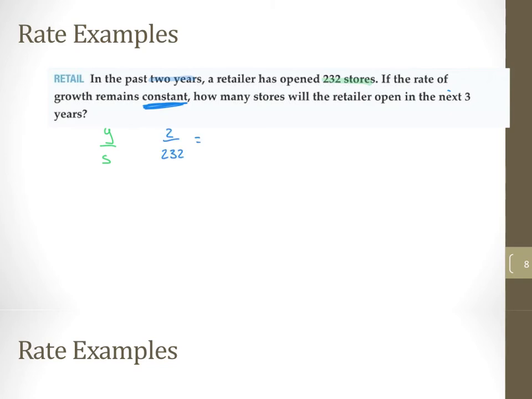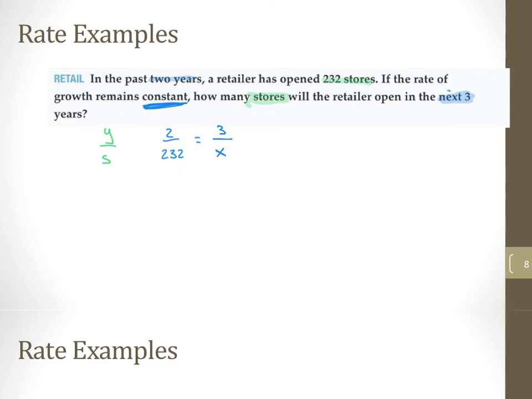My second ratio, I have 3 years, but I don't know how many stores, so that's my x.